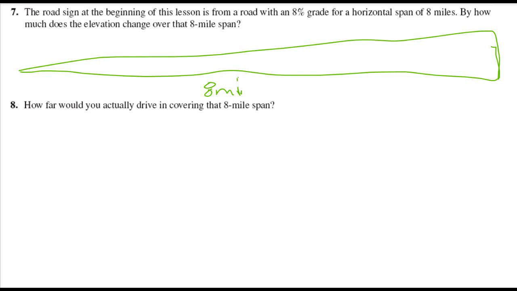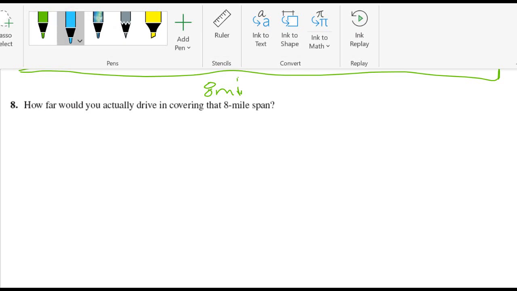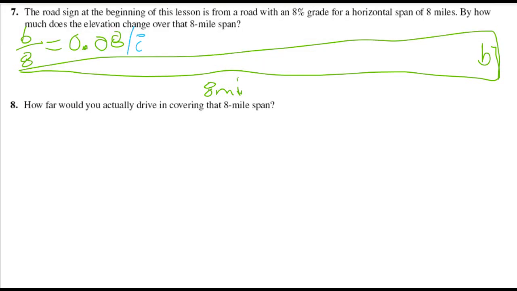So I'm going to call this side B. I'm going to say B divided by 8. That's my slope. B is the change in y. 8 is the change in x. Equals 0.08. If I multiply both sides by 8, I have 8 divided by 8, which is 1.